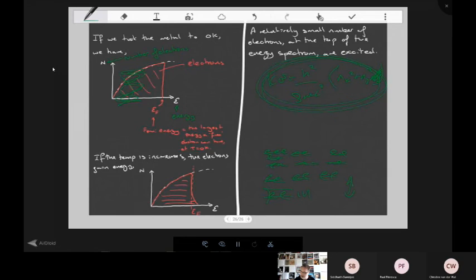If the amount of energy that I can give to the material from, let's say, an electric field is only that height, there's nothing I can do with any of these electrons. They cannot be excited, because if they were given this amount of energy, it does not take them to empty states. The next ones are up here. Only these can be excited. I've drawn 3 there, it should be 2.